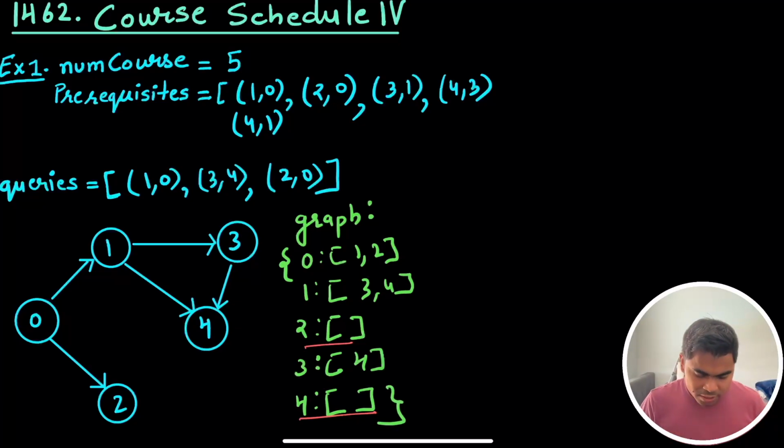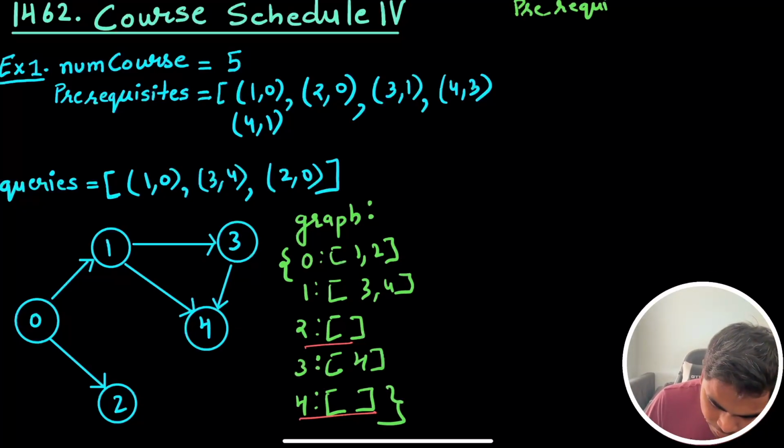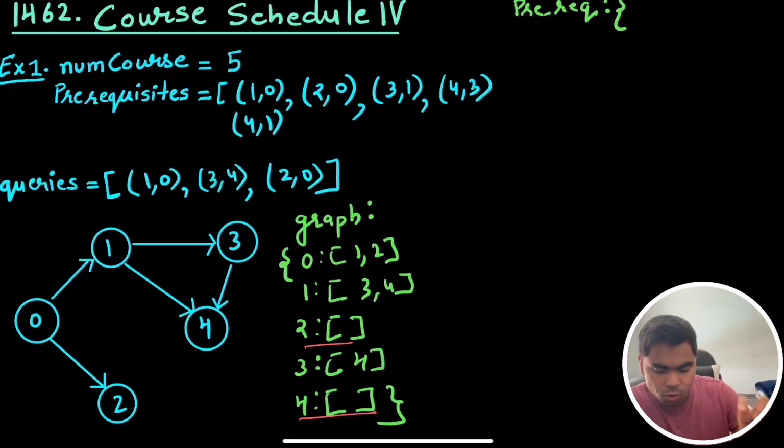Now, once we are done making this adjacency list, what I want to do is have a set. Let's call it prereq. Prereq will be a set for each node. We will be updating this constantly, adding to these sets.